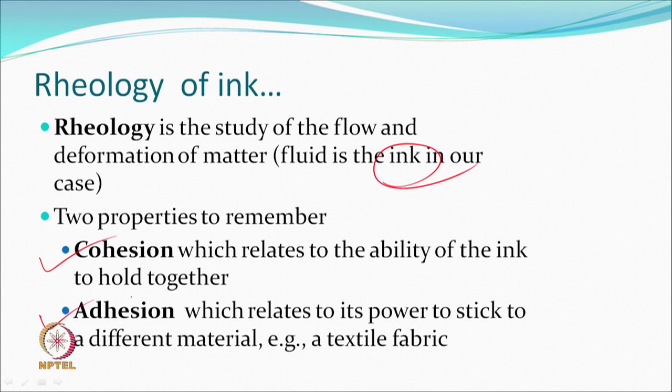In our case, it could be the textile fabric. So, cohesion, so that the ink or a drop remains as a drop or becomes a drop. Adhesion is the property with which it adheres to the other material, which is the textile fiber. These are two things we will be expecting.